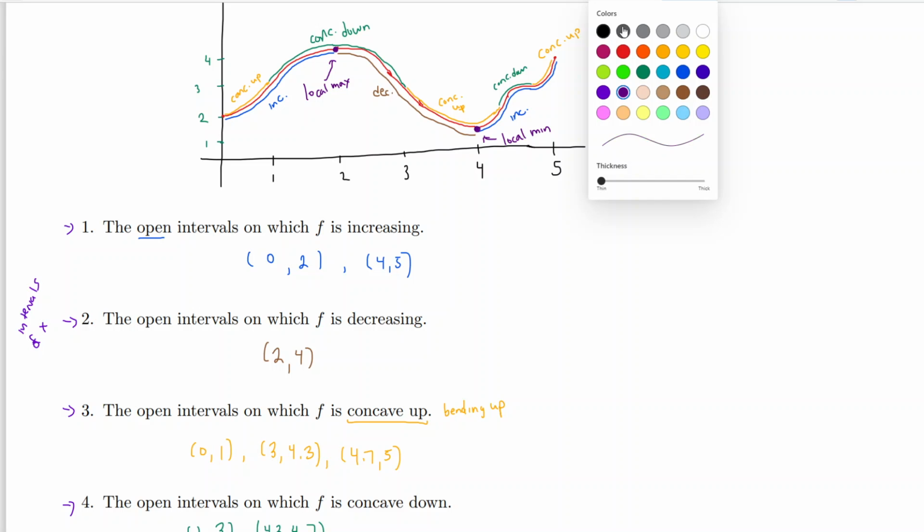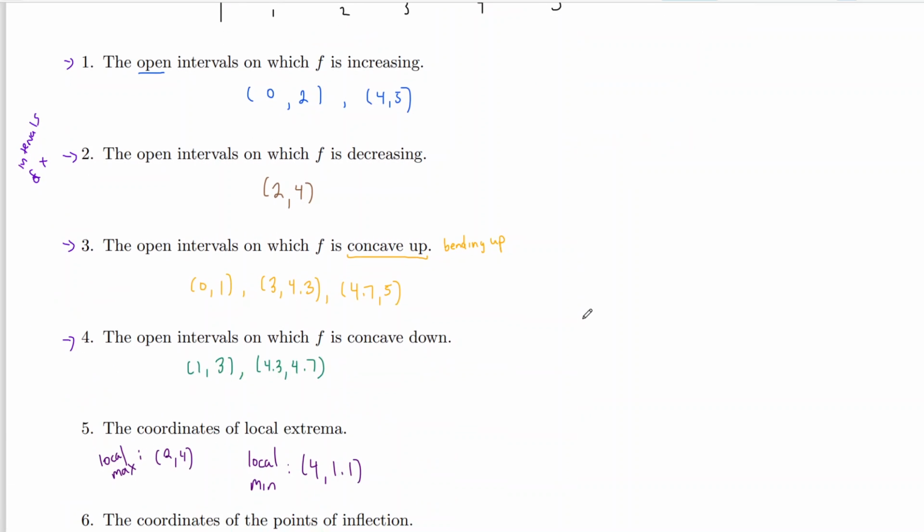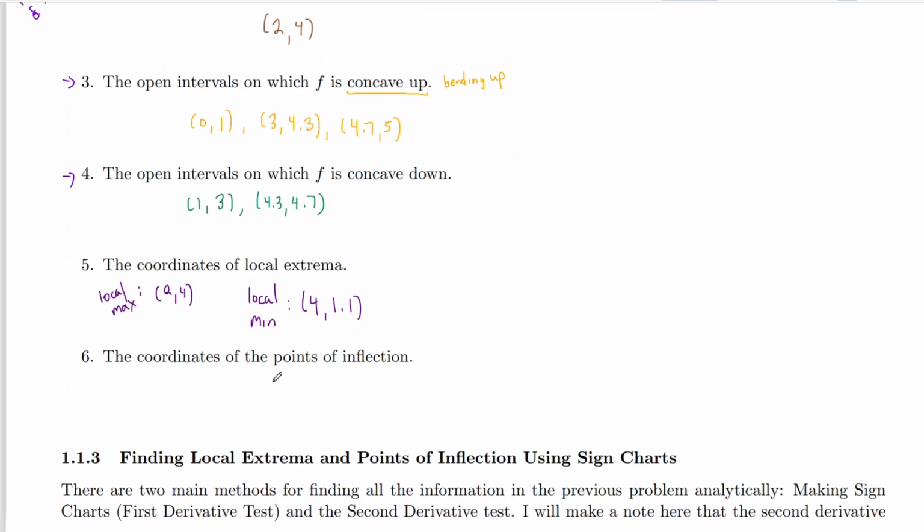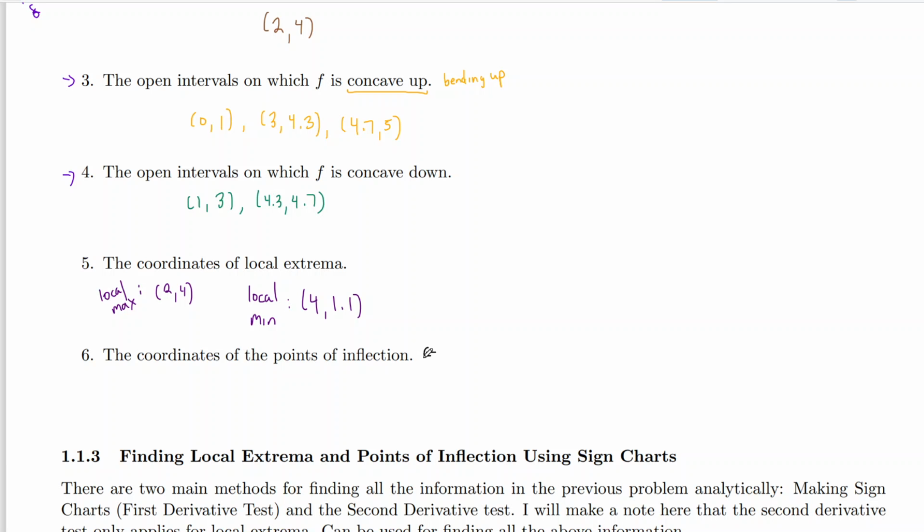All right, now points of inflection I haven't defined yet, but it's actually a little bit easier than even local extrema because we don't care whether it's a maximum or minimum. Points of inflection are where concavity changes sign.